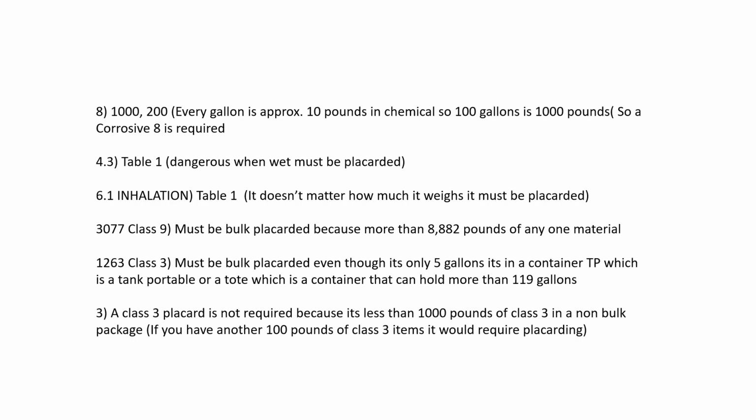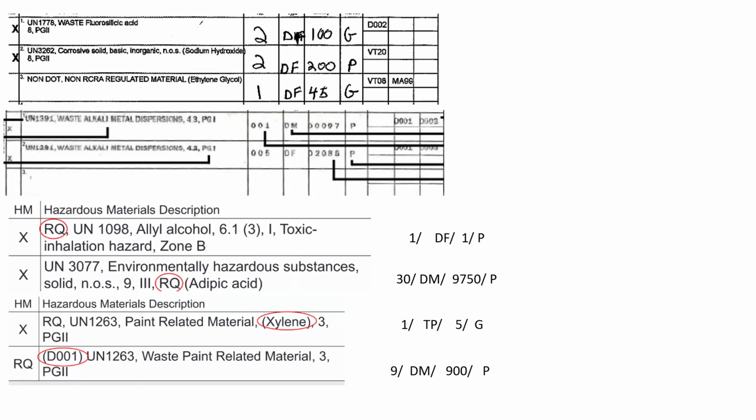We did have another 50 pounds approximately of Class 3, but that's still only 950 pounds. So you don't necessarily require a Class 3 placard. But can you put up a Class 3 placard along with that other Class 3 bulk? You can. But to be honest with you, that bulk placard covers both of them because they both have the same UN number, UN 1263 Class 3. It covers both of them. You're displaying the hazard that's on board.